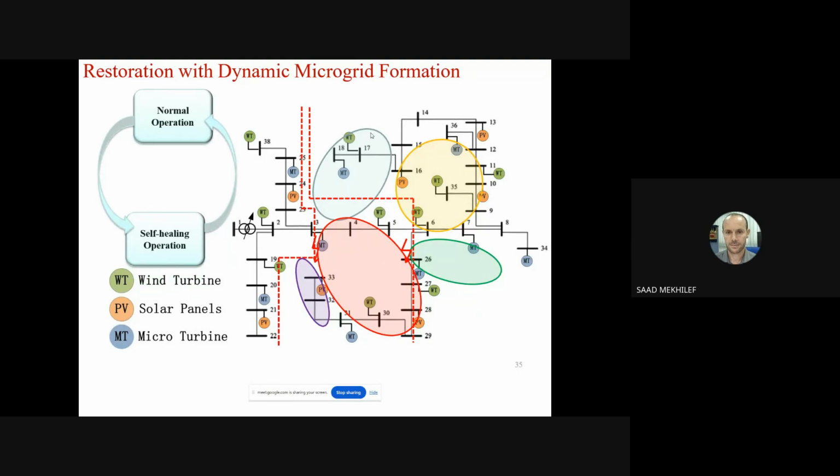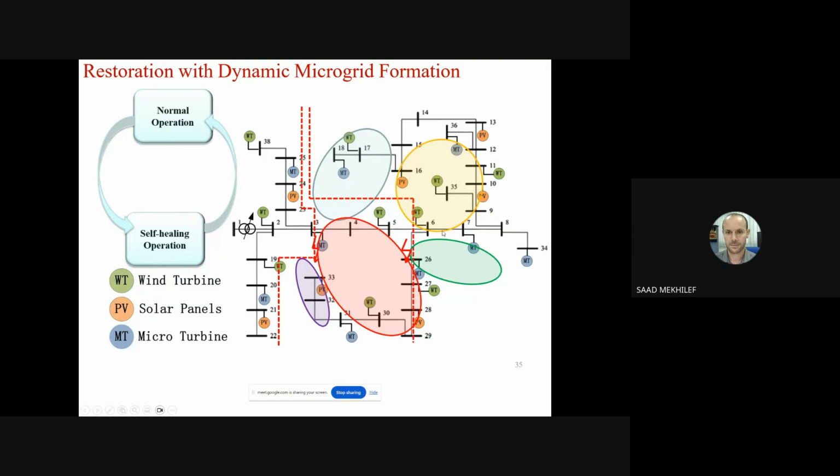So what does self-healing capability mean? If you look at this configuration, we have the microgrids connected, but self-healing capability means the microgrid is able to self-heal without the intervention of other sources.